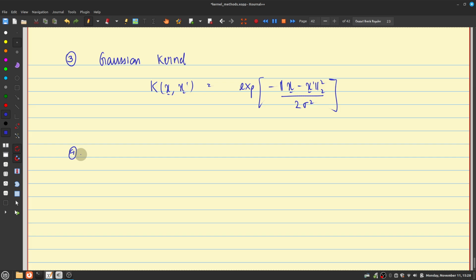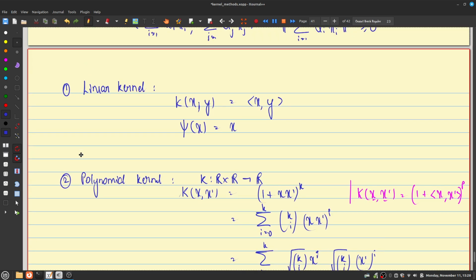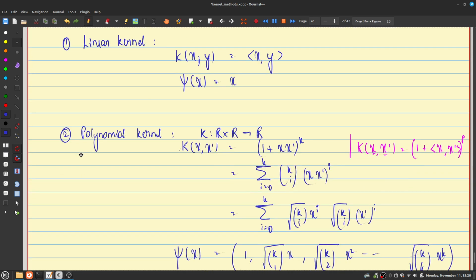Even here, if you take, say, k equal to 3, x and x prime could be arbitrary real numbers. So just take x equal to 2 and x prime equal to minus 2, and you get a negative real number. The same holds true for this.